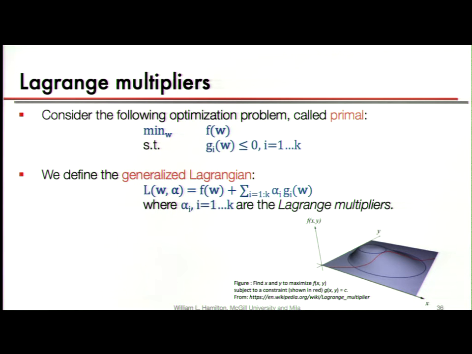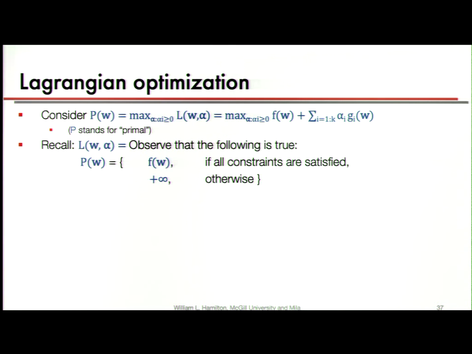So instead of having this minimize f subject to these g constraints, these inequality constraints, we're going to say, okay, now we have a new Lagrangian function, which is just our f, the thing we're trying to minimize, plus the sum over all of our inequality constraints with some alpha i's, some weights on these inequality constraints. These weights are called the Lagrange multipliers.